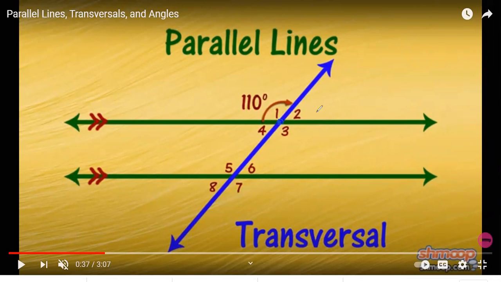Their sum together is 180. They are supplementary, two adjacent angles on the same line. So this one will equal 70. So we can find the rest of the missing angles. So it will be 70, and this one also will be 70. And those are two alternate interior, and this one is a vertical angle.